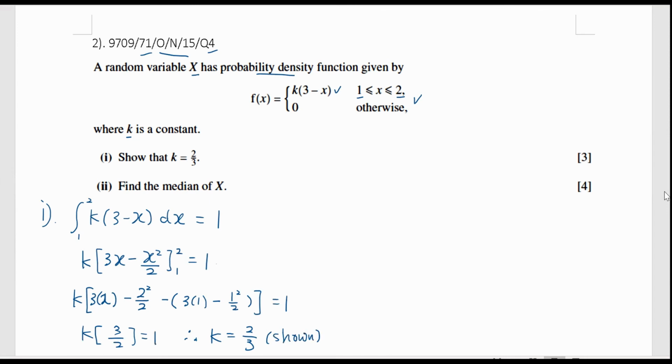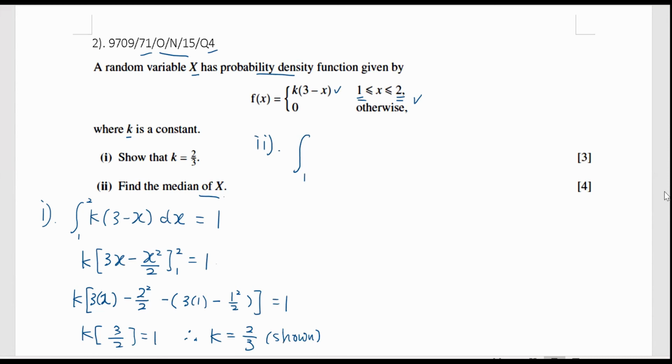Okay, now we are trying to answer part 2. Find the median of x. So we want to find the median of x, and this is the function given here. We know the median is a value that lies between 1 and 2, and importantly, it cuts the area under the graph into 2 equal halves.